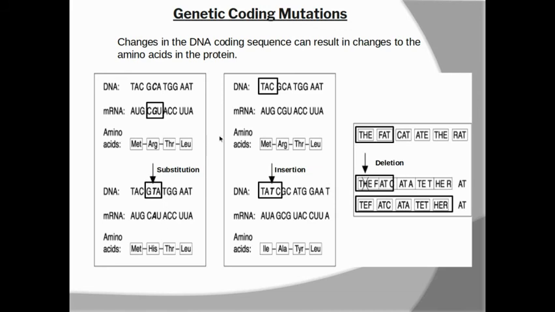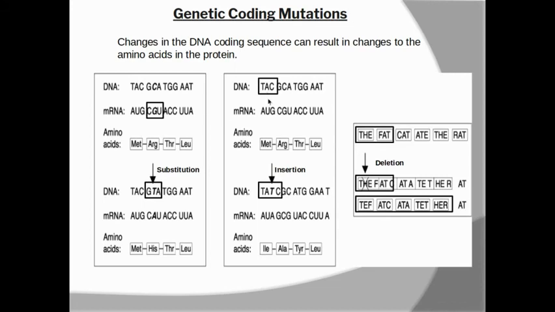Here is another example, but in this case, this is an insertion. Now, insertions and deletions are particularly dangerous because they change the reading pattern in the DNA sequence. All right, so we call this frame shift mutations.